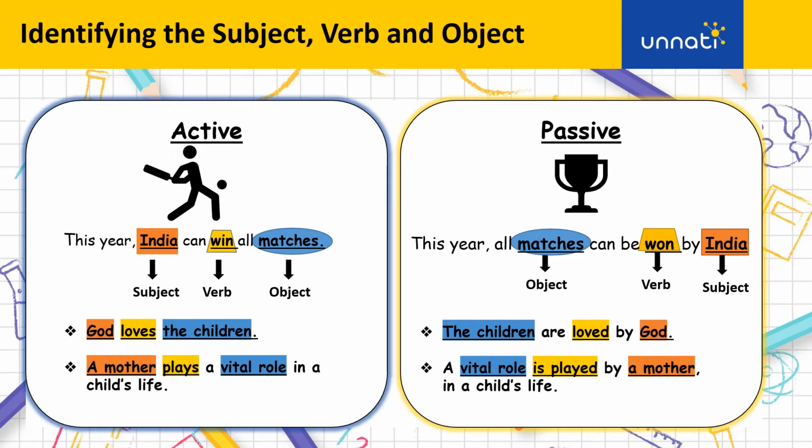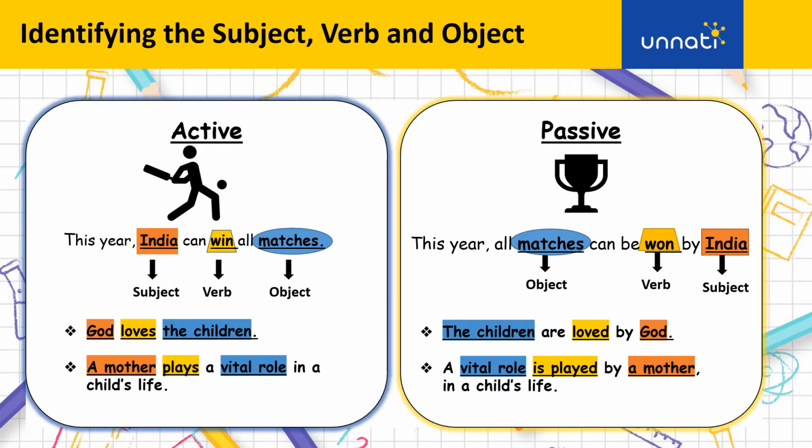Let us look at another example. A mother plays a vital role in a child's life. So a mother is the subject here. Plays is the verb. What does she play? A vital role. So that is the object.